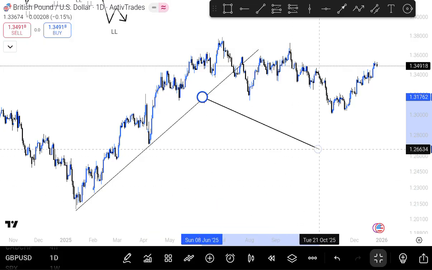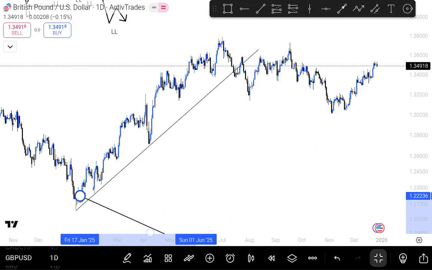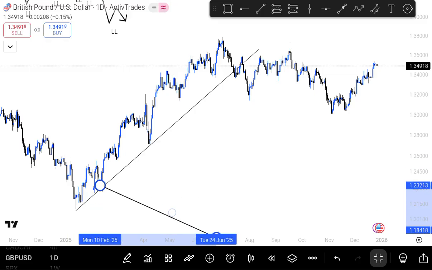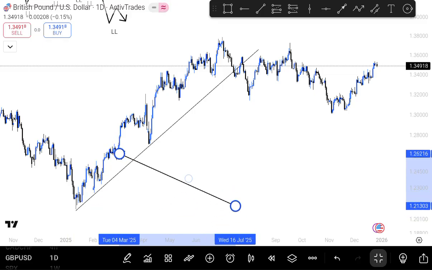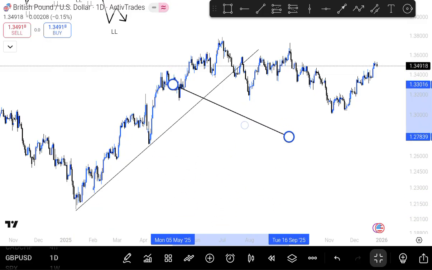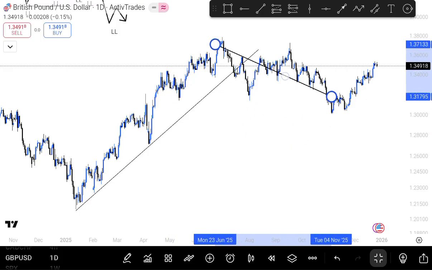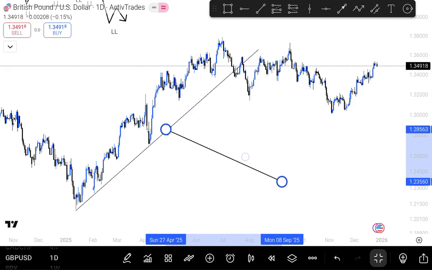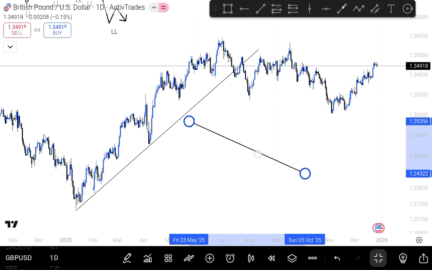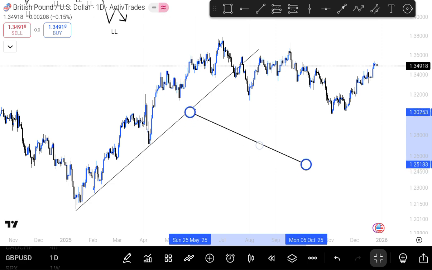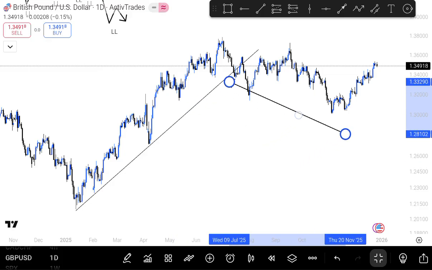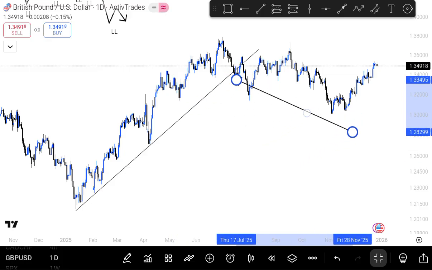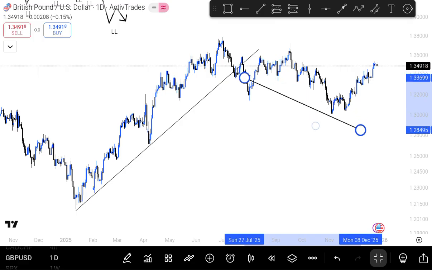The market starts from this side, having higher highs and higher lows, higher highs and higher lows, and you'll find out that the market breaks this particular trend line. We call this line a trend line. It is used for a trending market, in an uptrend or a downtrend. The market breaks this trend line and changes its direction.